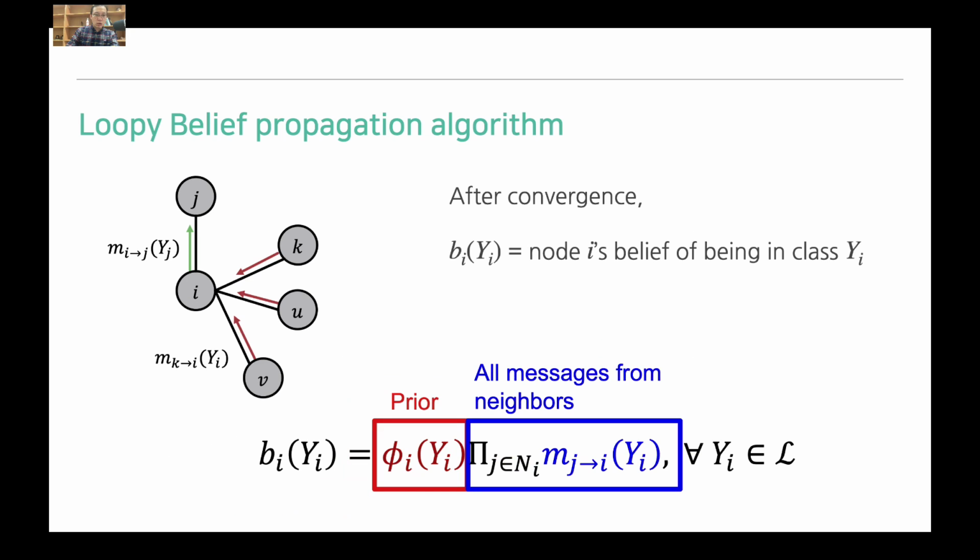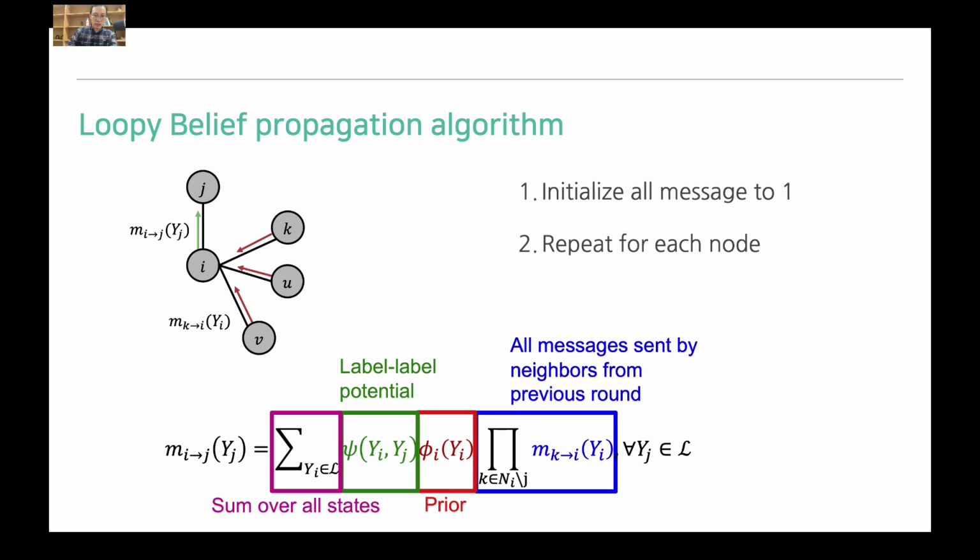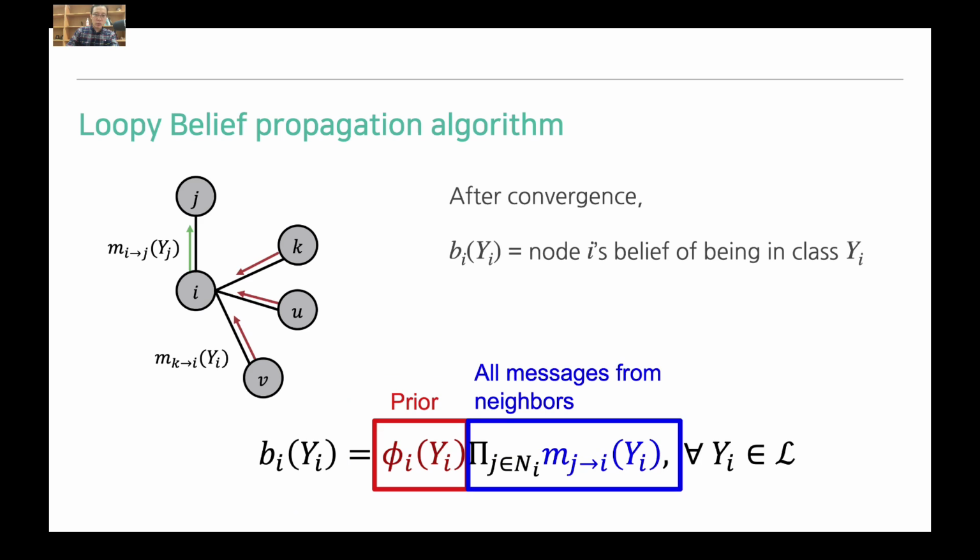And from the computed message we get the actual belief after the convergence, so we repeat this process till the convergence or till the maximum number of iterations. We compute the belief using all the messages from the neighbors and the prior. So this is a belief. By using this, we can predict the labels. This is called loopy belief propagation.